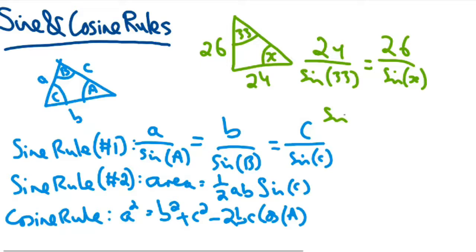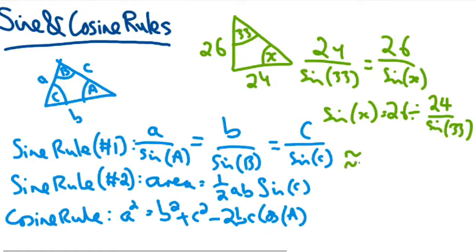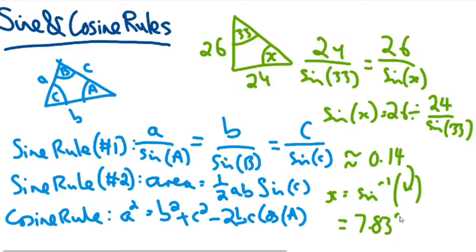So sine x is going to equal 26 divided by 24 over sine 33, which will give you an approximate value of 0.14. And then if you had just done the sine inverse of this, you would have got x being about 7.83 degrees.